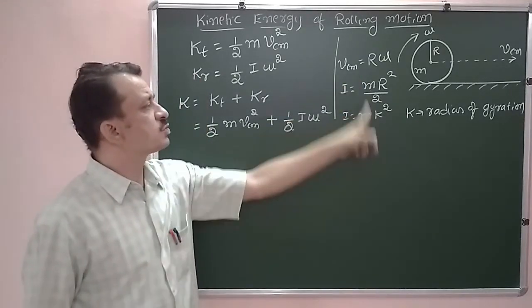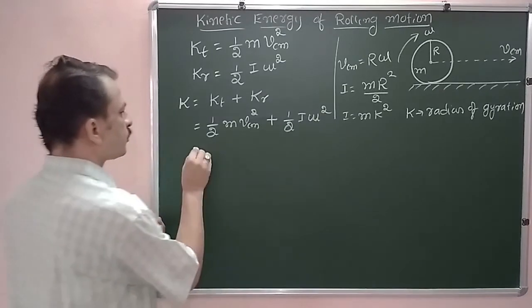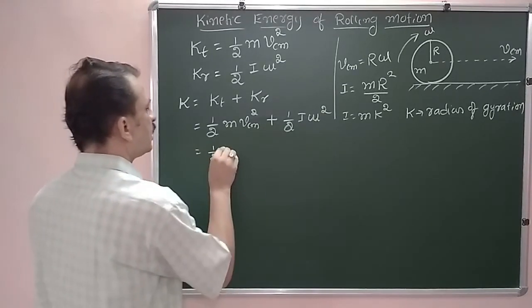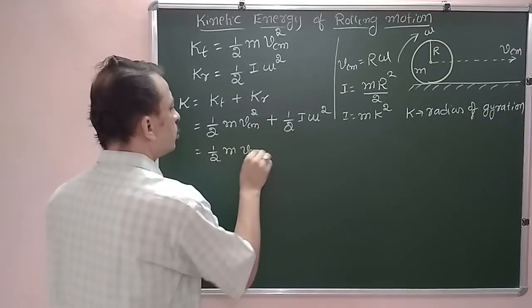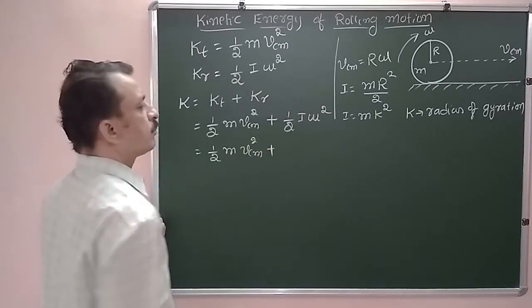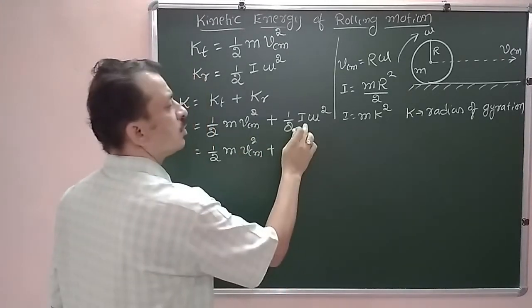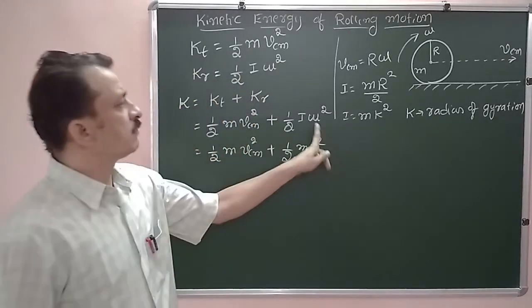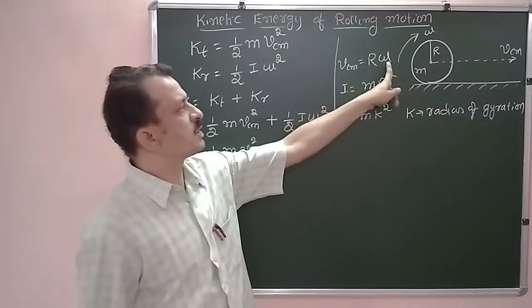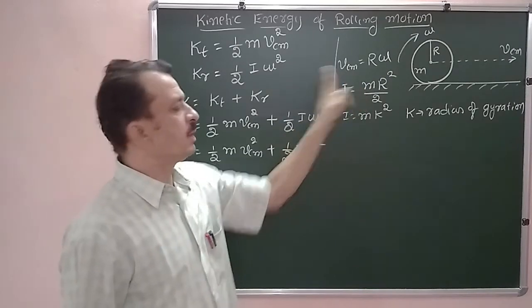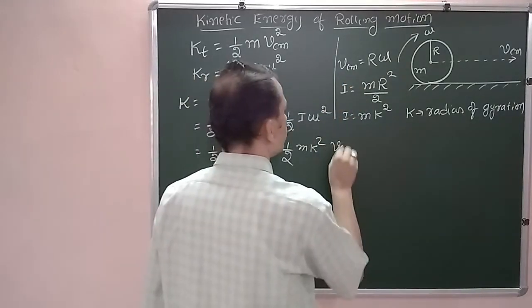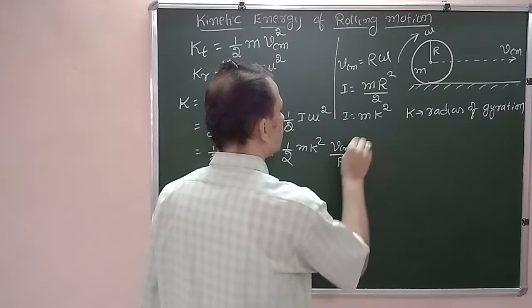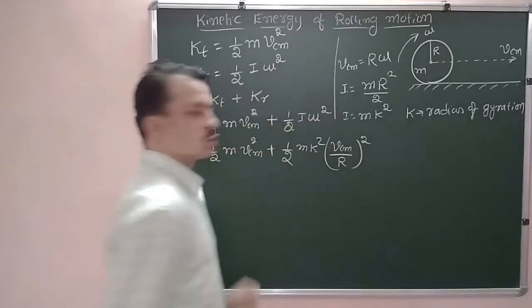Now substituting these two values in this expression, what are we going to get? Half m VCM square plus half I, which is m k square, and omega square is replaced by VCM divided by capital R whole square.